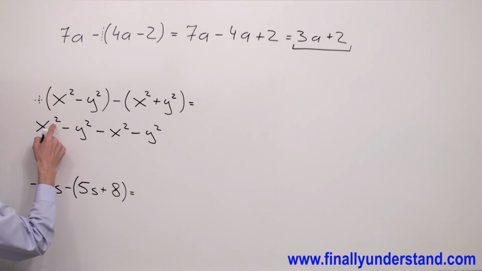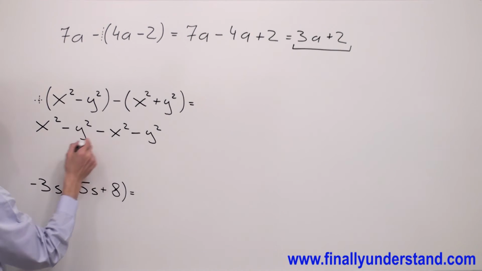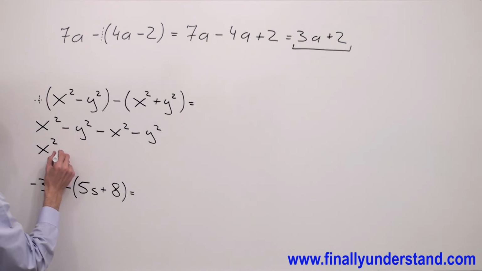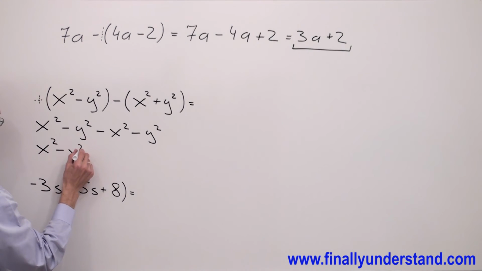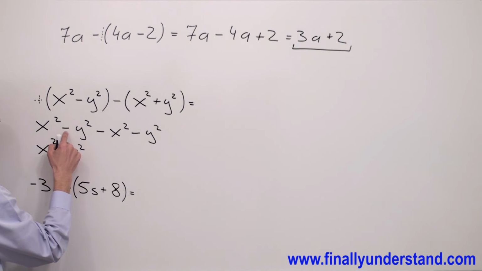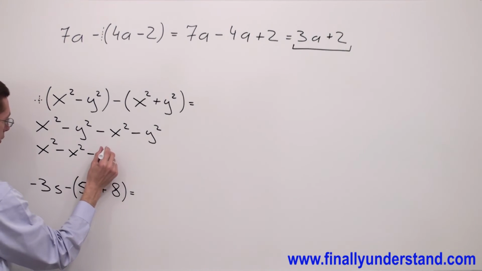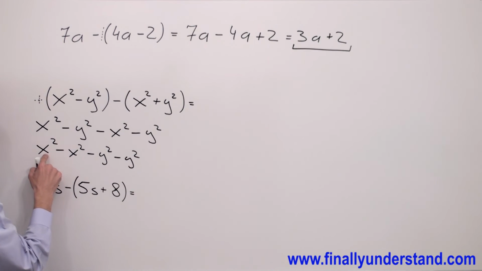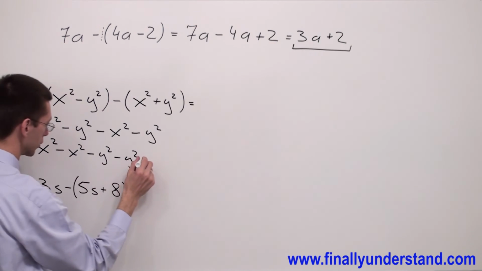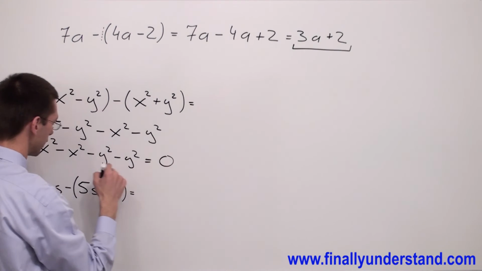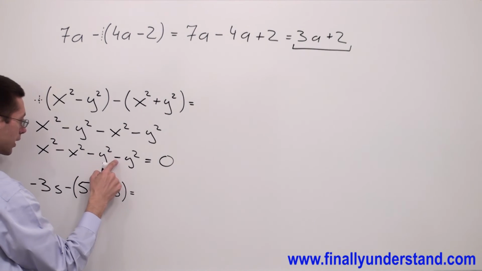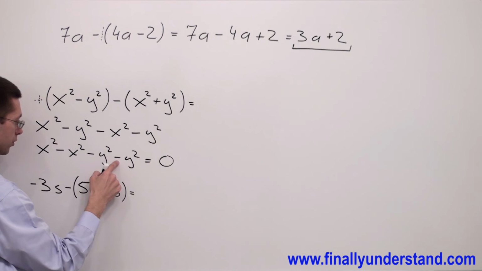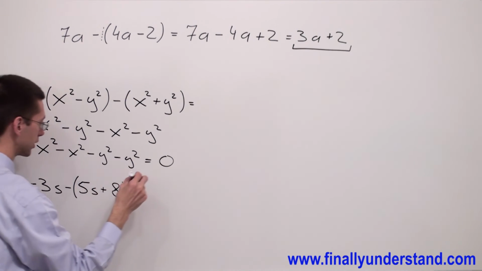I have x squared and negative x squared. Let me write them down next to each other. So I have x squared minus x squared, and I have negative y squared and negative y squared. X minus x is equal 0. Negative y squared and negative y squared, because we have two negative variables, I simply add them up and keep the sign.